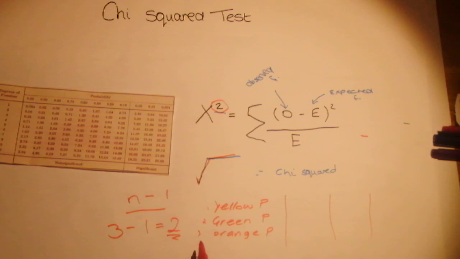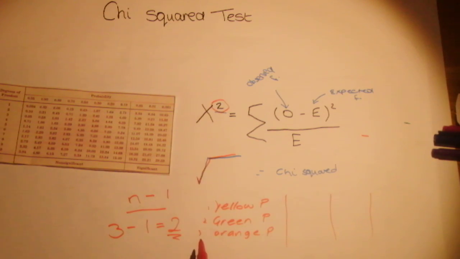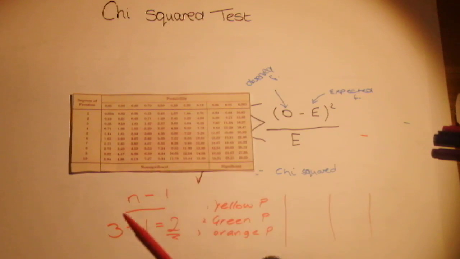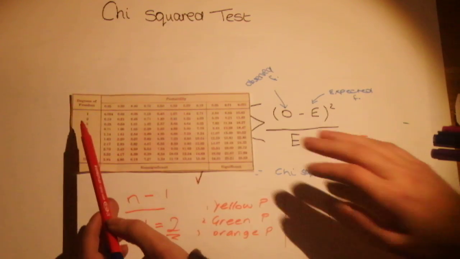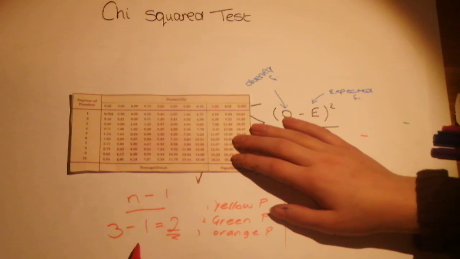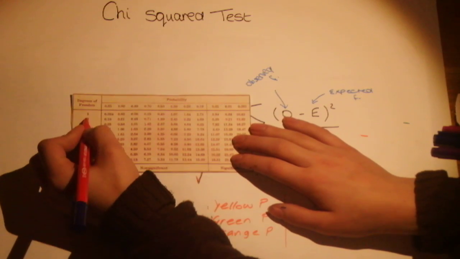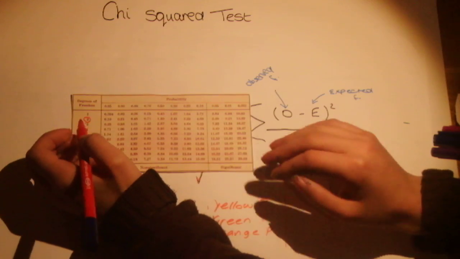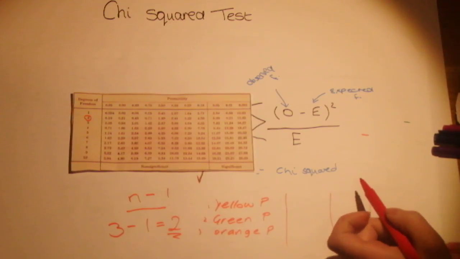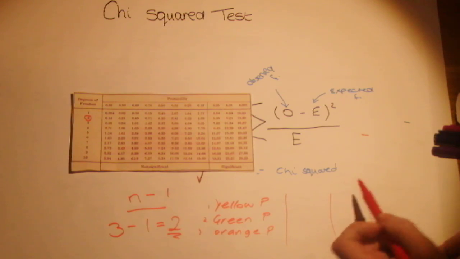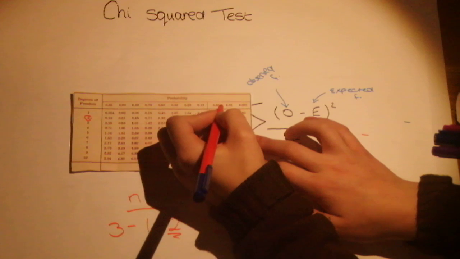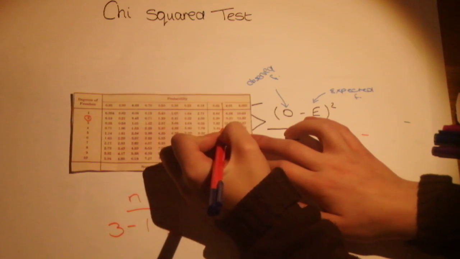So if the calculated chi-square value is greater than the critical value, you use this table. Once you've got the table, you look down the left hand side for the degrees of freedom. Here the degrees of freedom is 2, so we look for 2 here, and then go across. You always look for 0.05.